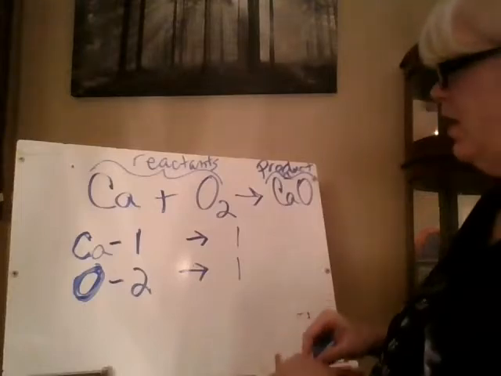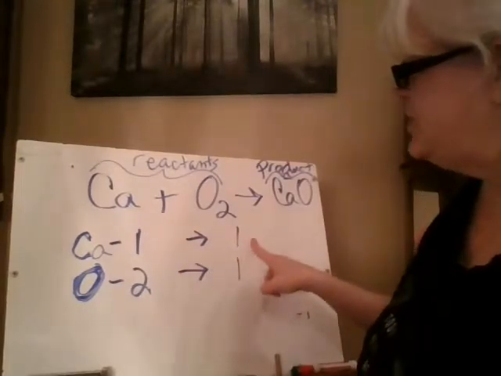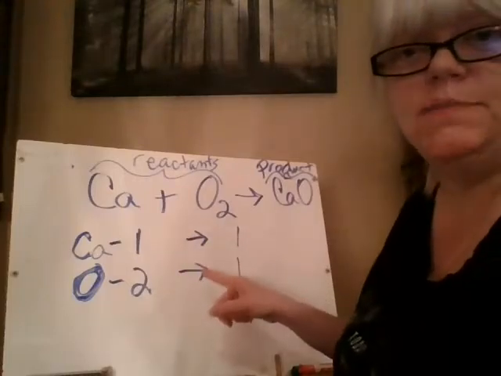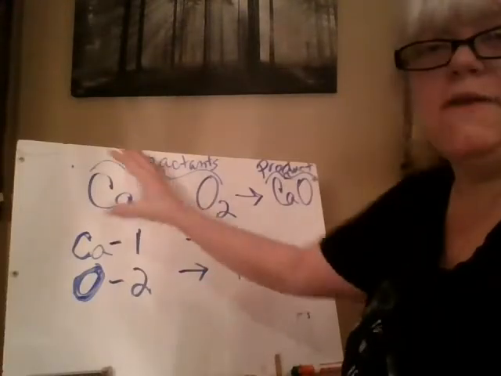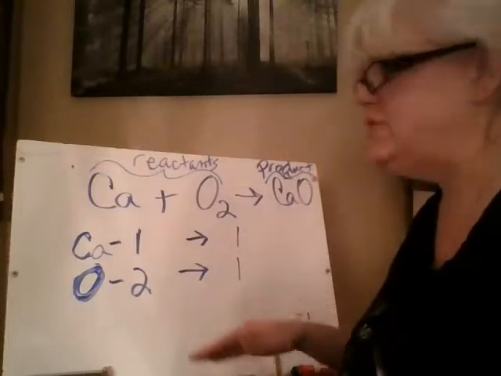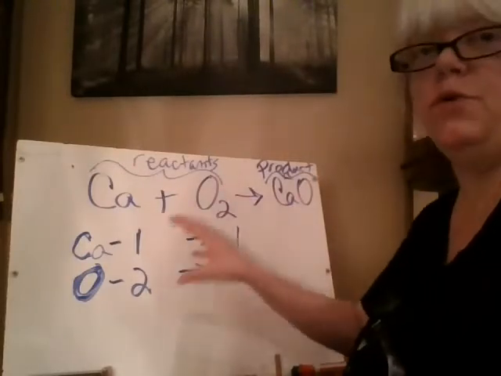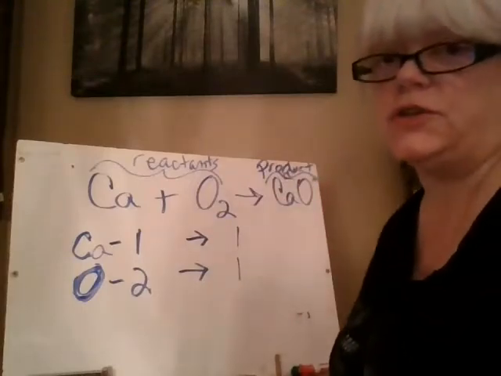Now, if both sides for an element match, then that element is balanced. But in order to have a balanced equation, you have to have every element involved totally balanced before and after the reaction has happened.